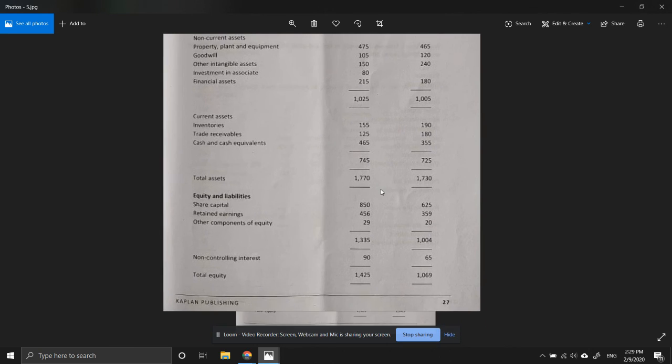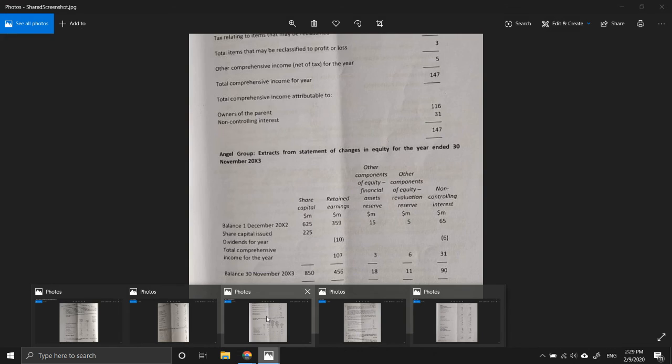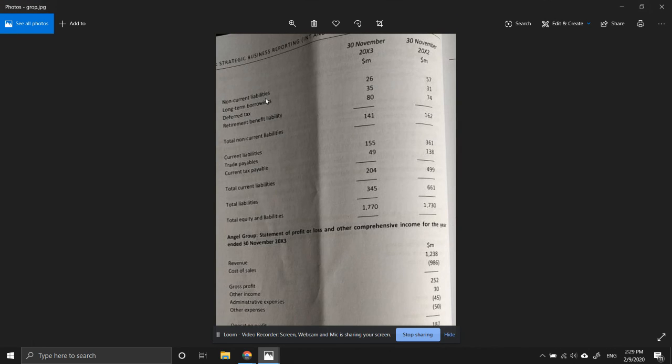Okay, so let's not forget there was a loan as well. Is there anything regarding the loan? Long-term borrowing.